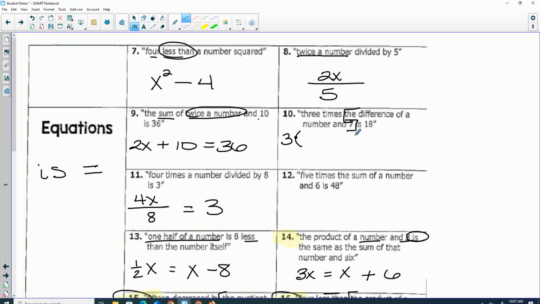So I have 3 times. And in that, I have to do the difference, which means I'm subtracting a number, so x, and 7. So I have to multiply it by the difference. So we have to subtract first in our parentheses and then take it times 3. Is means equals 18.